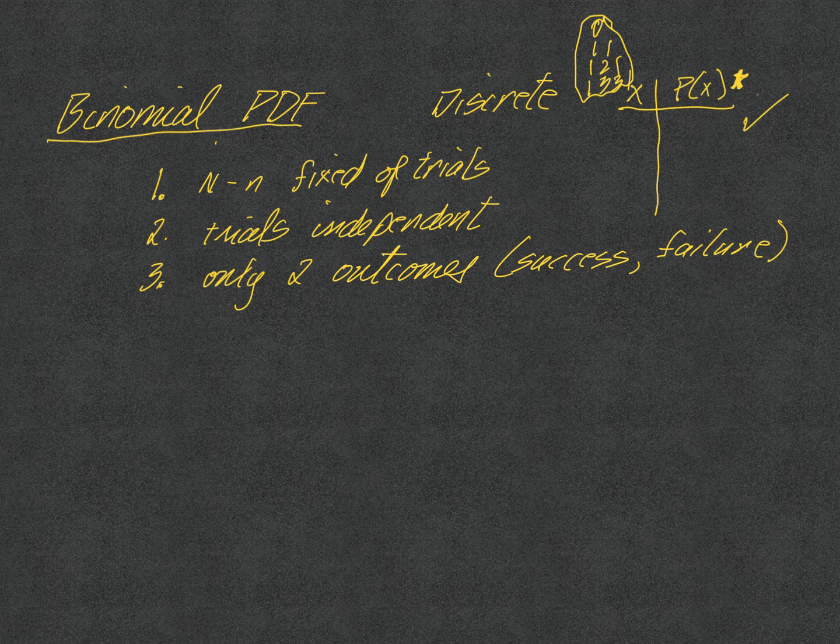And a success doesn't necessarily have to be something good. So, for instance, if you were a manufacturer, you could consider a success the small probability that the product your machine stamped out was not a good product, so it was defective.